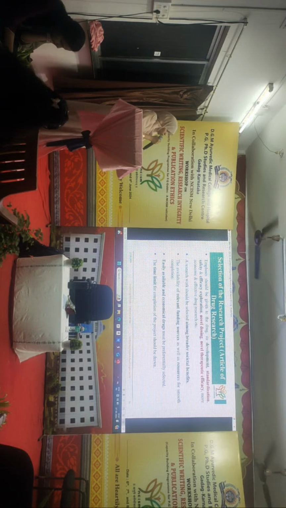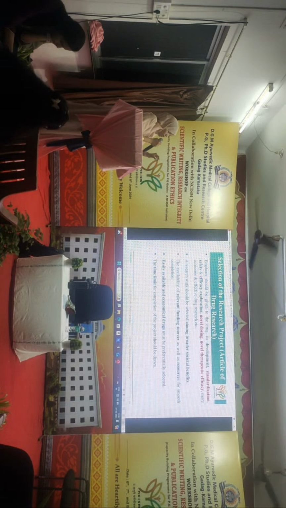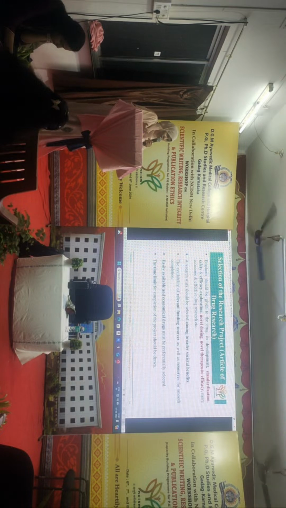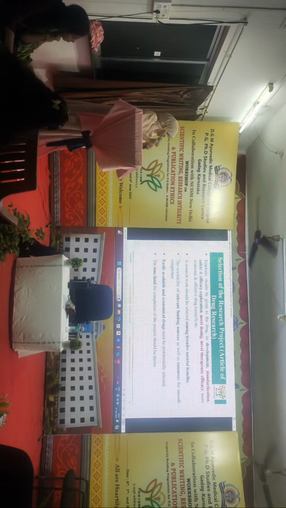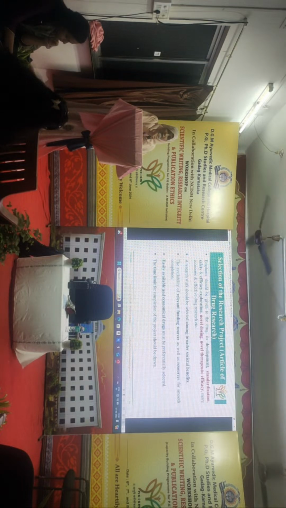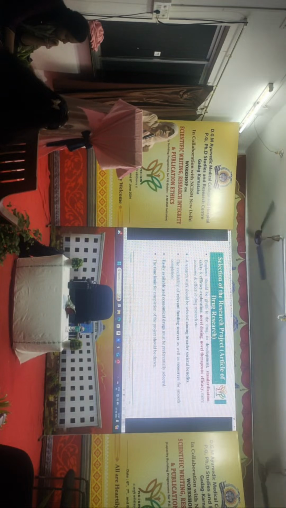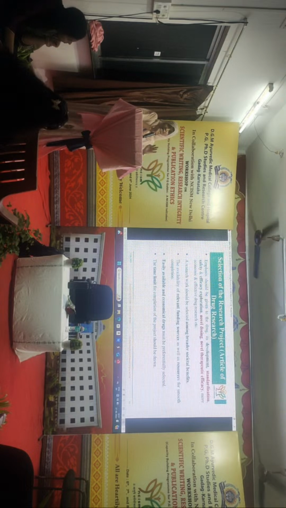A research work should be selected aiming at broader societal benefits. So it should have more benefits for society. Consider the availability of relevant funding sources as well as resources for smooth completion. Suppose you are going to collect a drug which is not easily available. Then how will you complete the trial? It has to come from Iran, it has to come from America.